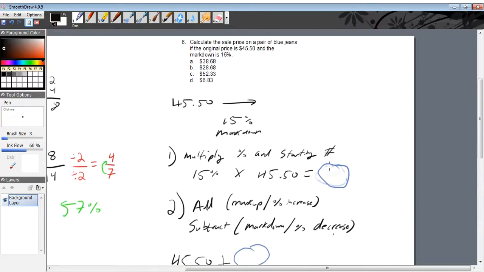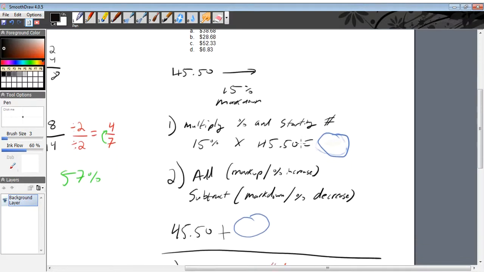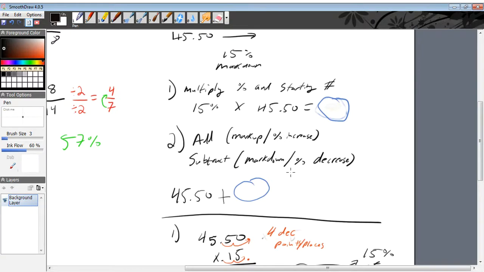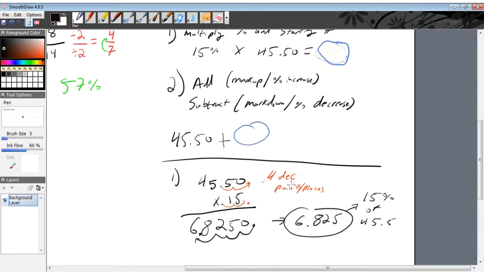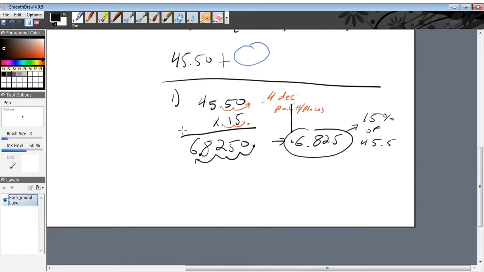Now, this problem, calculate the sale price on a pair of blue jeans if the original price is this, and the markdown is 15%. So markdown, that's going to be subtracting. That's a percentage decrease. So we've already got the percentage. Now we just need to incorporate this decrease part. So all we need to do now is 45.50 and subtract the 6.825.